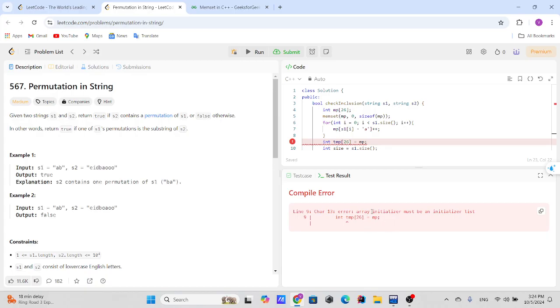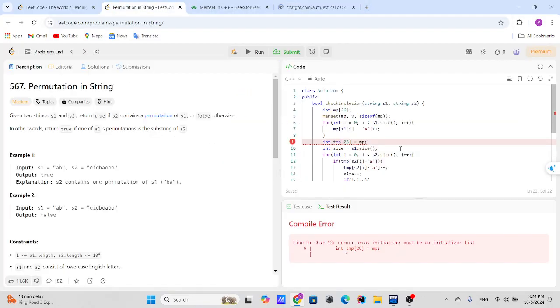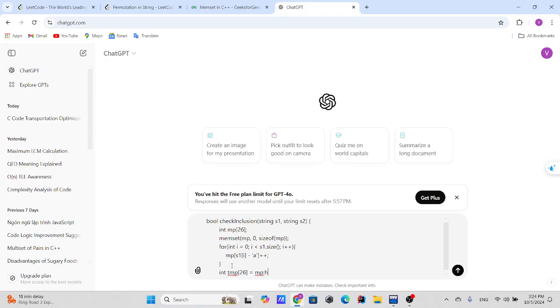Every initializer must be an initializer list. What do you mean? What do you mean by that? Is this correct? I don't understand what that means, but let's ask what's wrong.